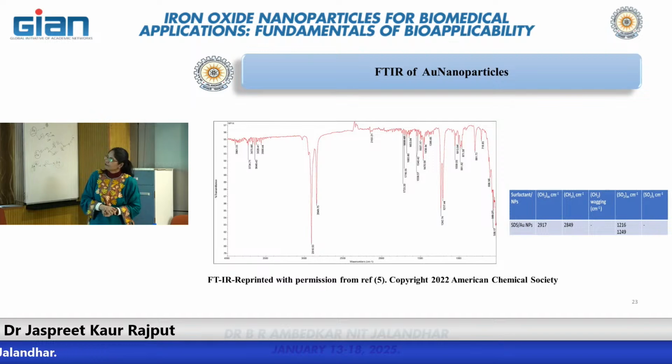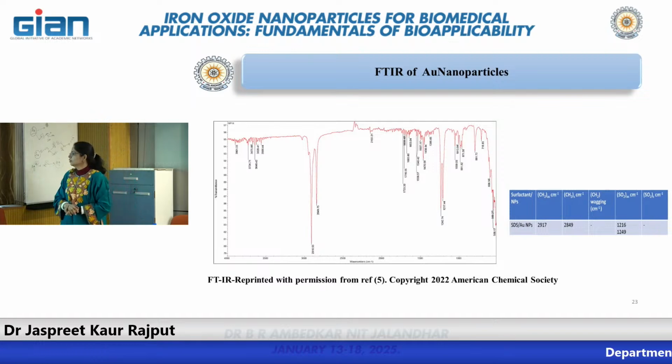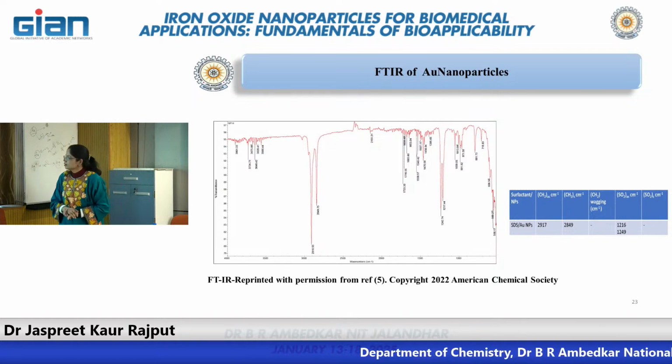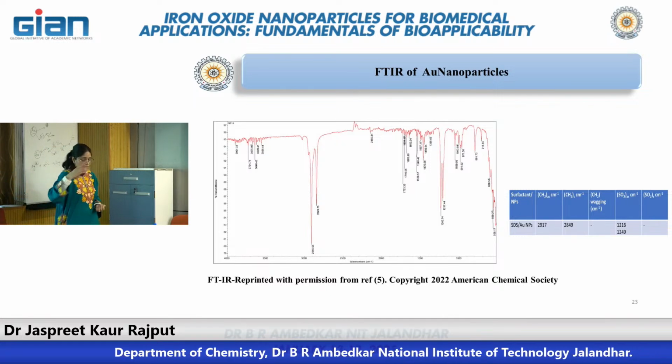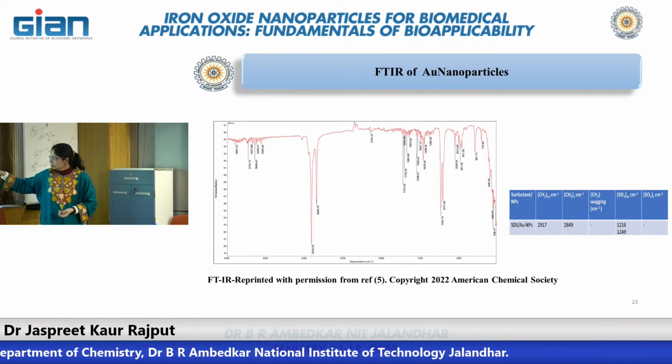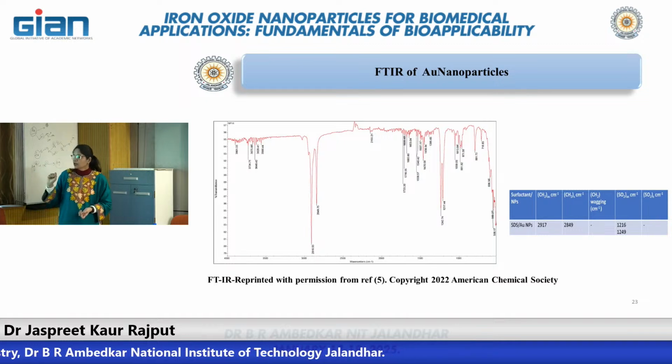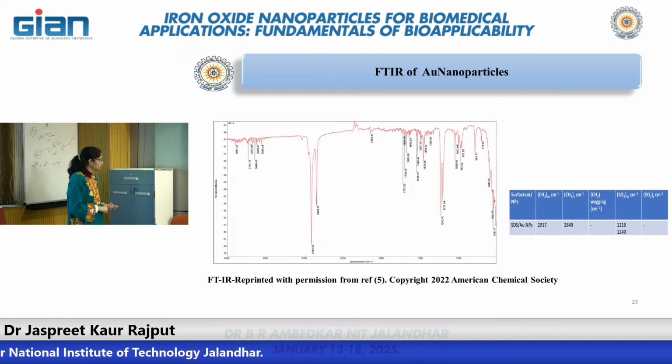This is the FTIR of the gold nanoparticles. If you talk about the nanomaterial, they have a surface functionalization. In this case, you have a functionalization of sodium dodecyl sulfate.